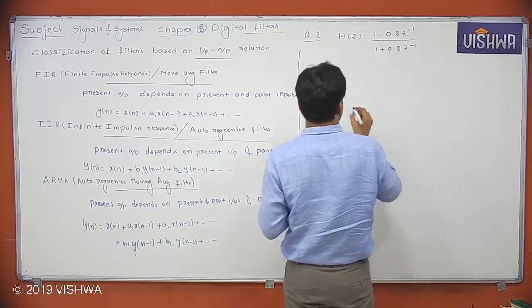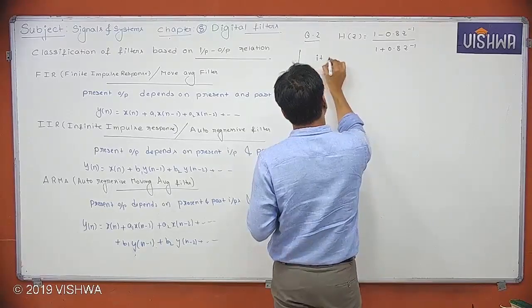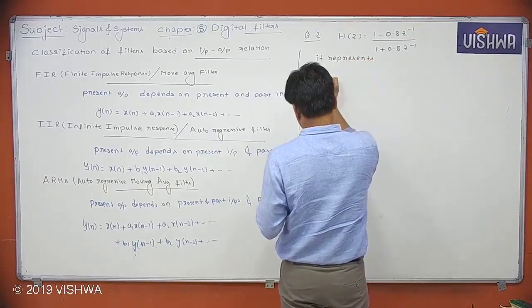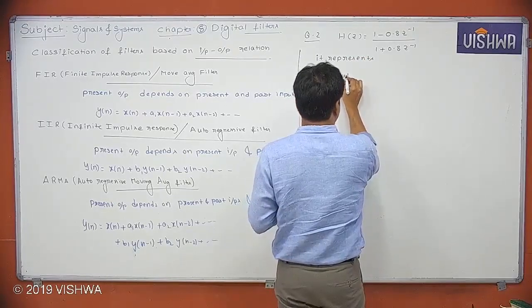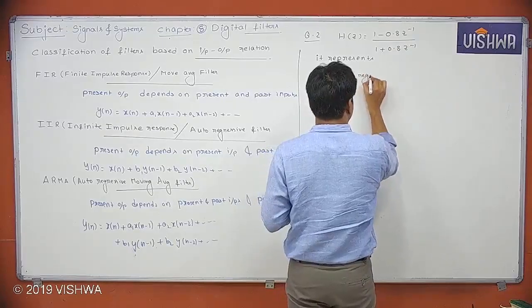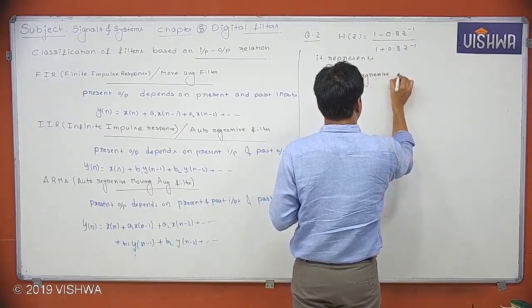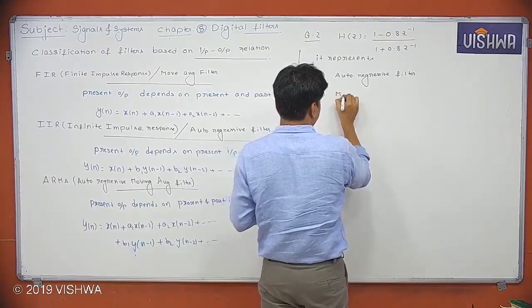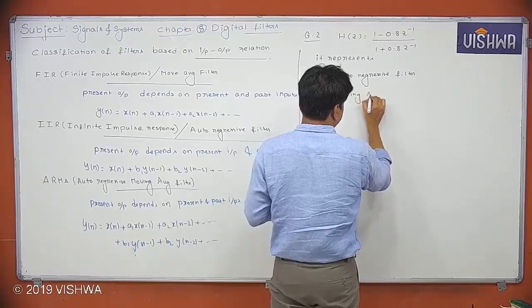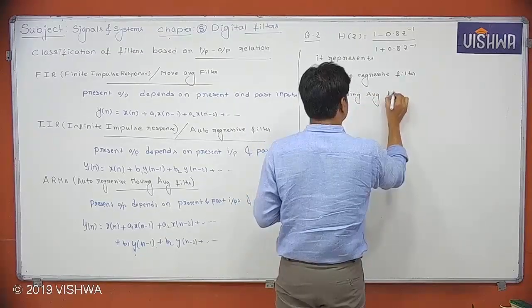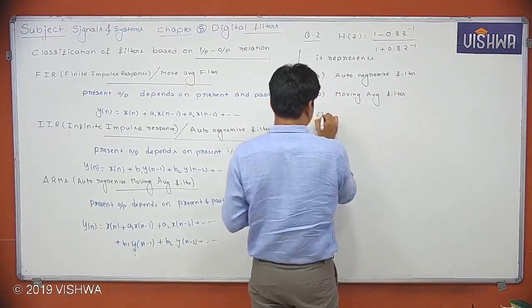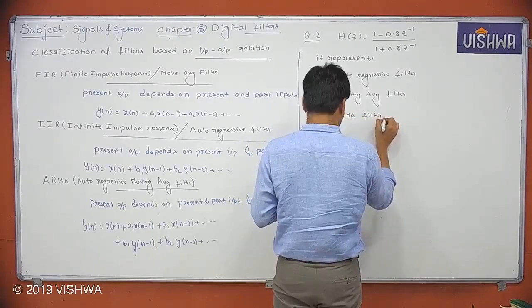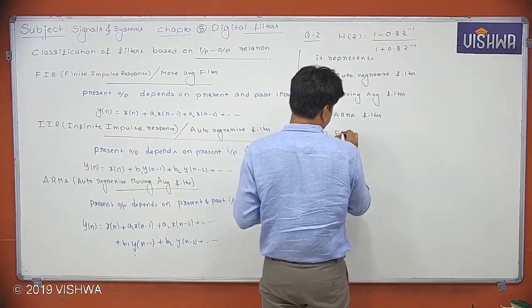It represents: option A, autoregressive filter; option B, moving average filter; option C, ARMA filter; option D, FIR filter.